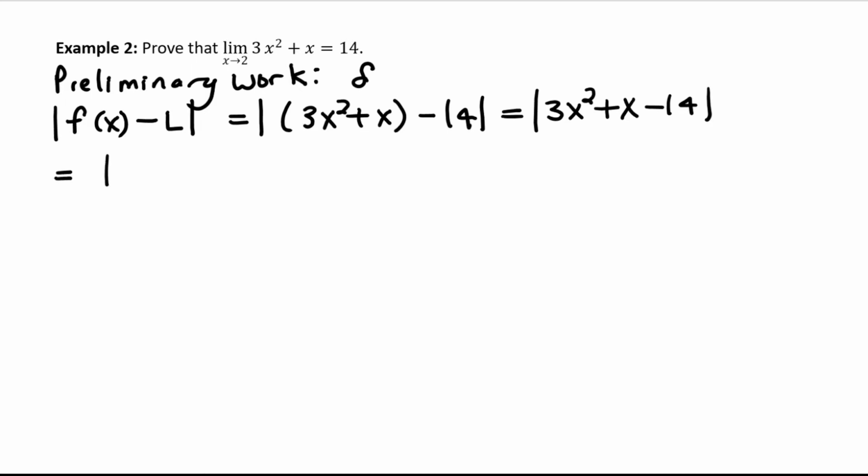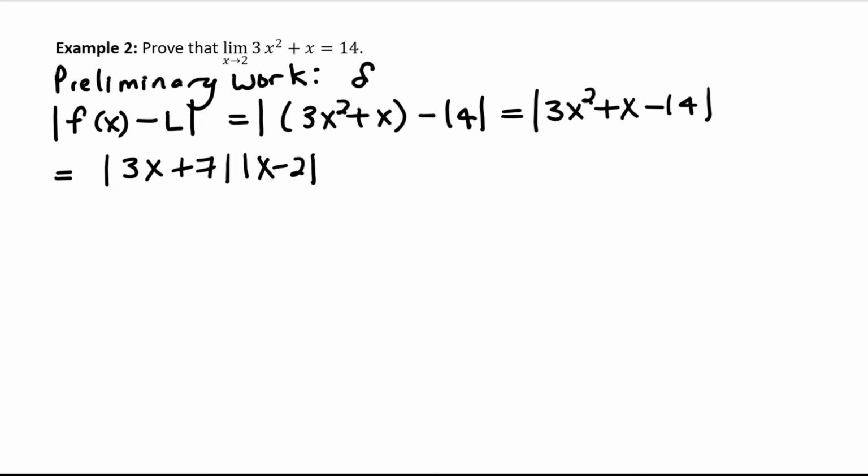That will factor to the absolute value of 3x plus 7 and the absolute value of x minus 2. We need that absolute value of x minus 2 because we're finding the limit as x approaches 2.